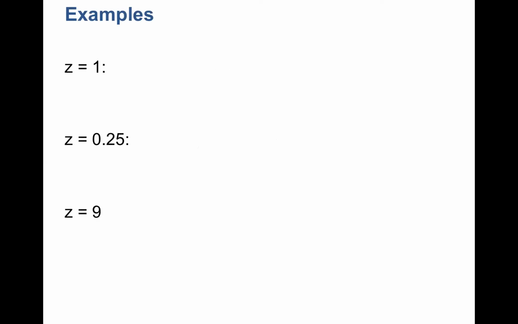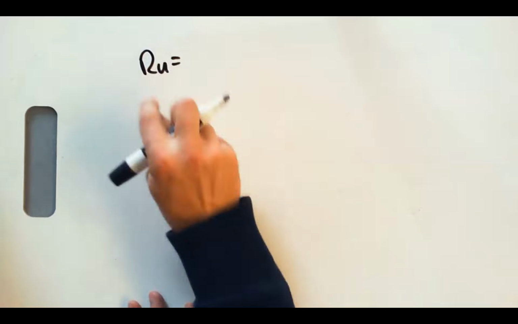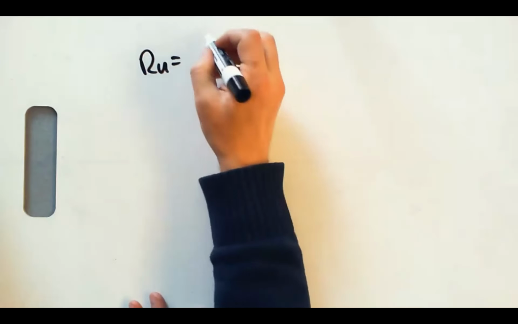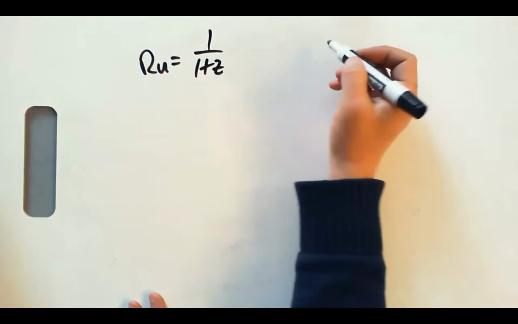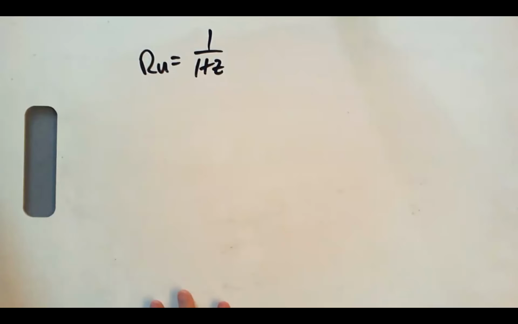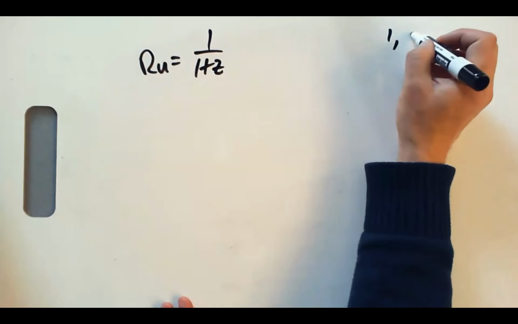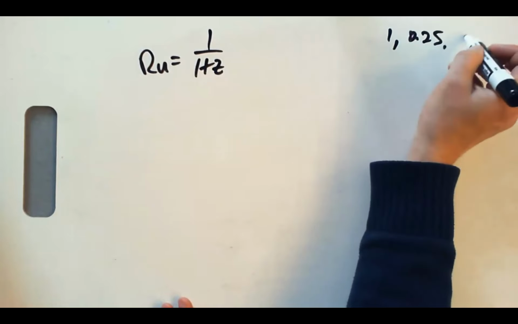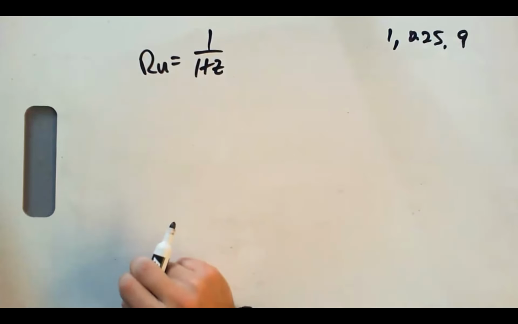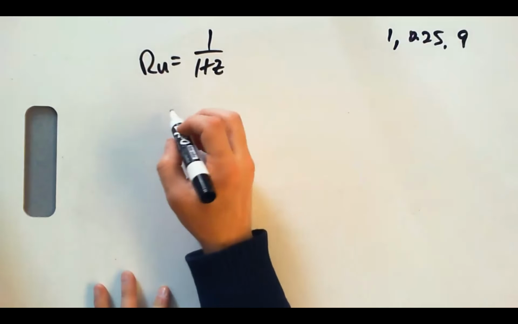Here are some examples: z equals 1, 0.25, and 9. Let's go to our whiteboard. So R, the radius of the universe at some given z, is 1 over 1 plus z. And our z values that we're going to use are 1, 0.25, and 9. Great. So let's do 1 first.